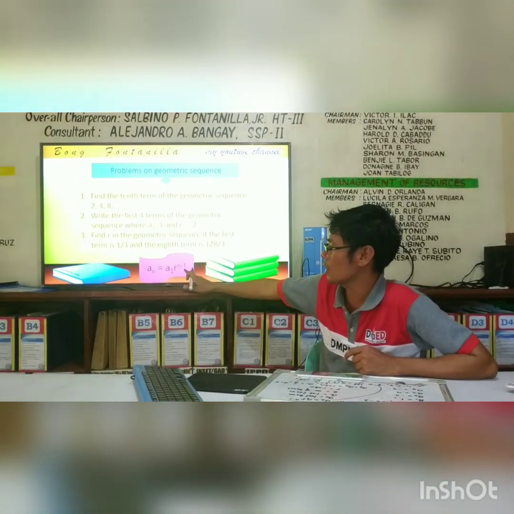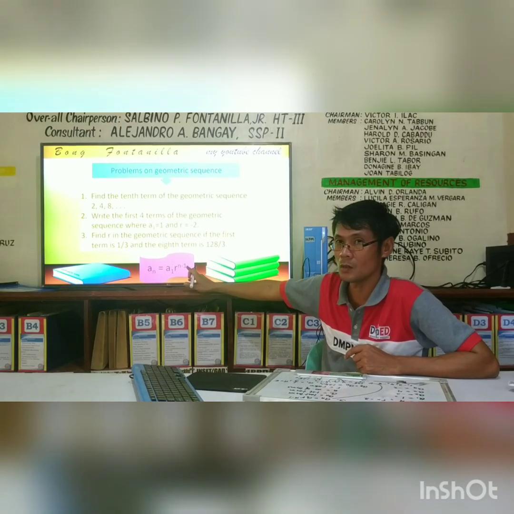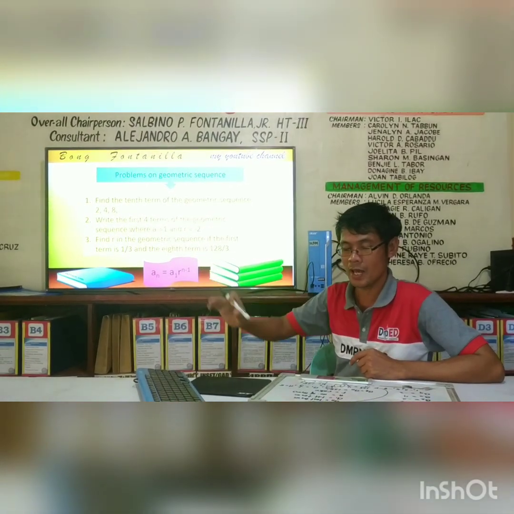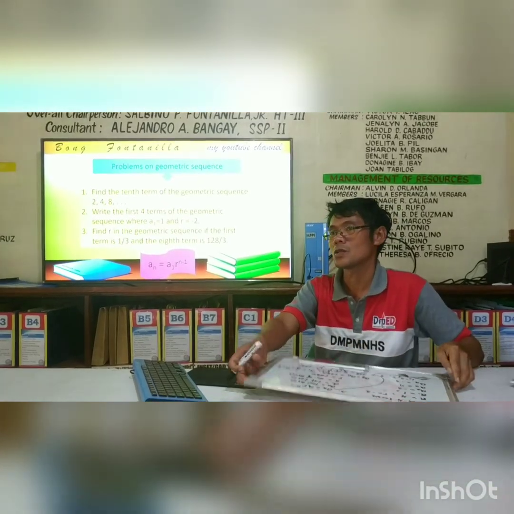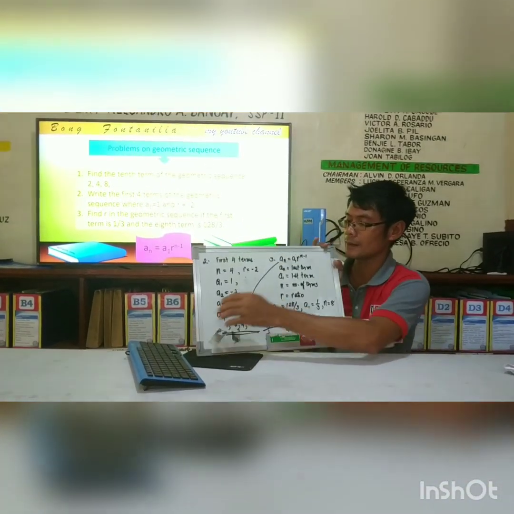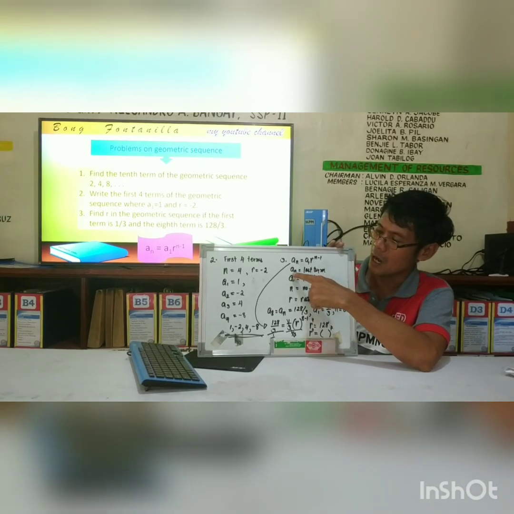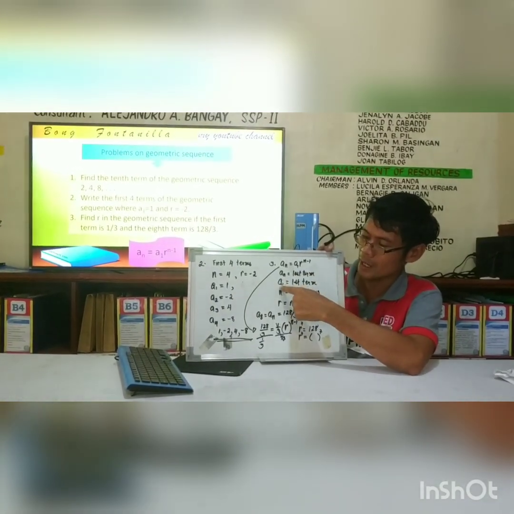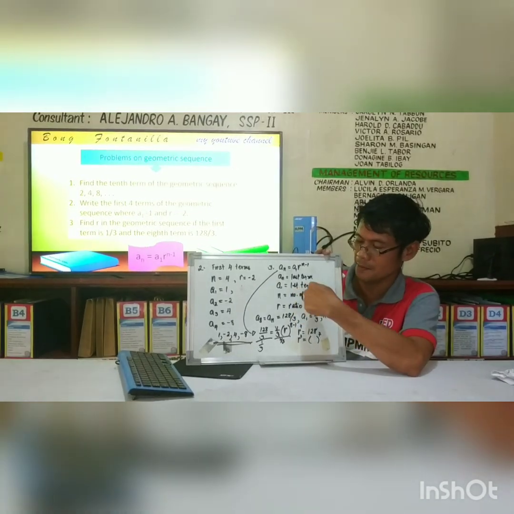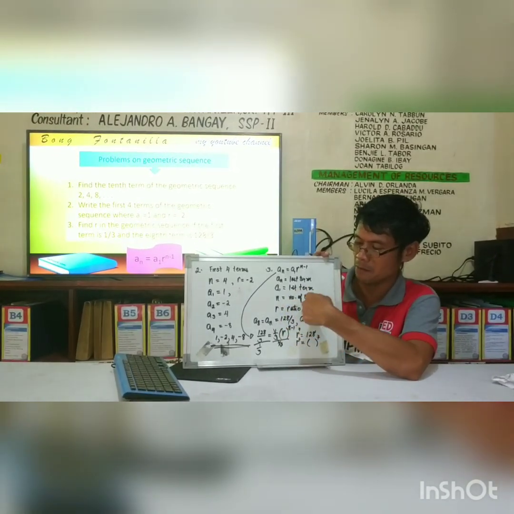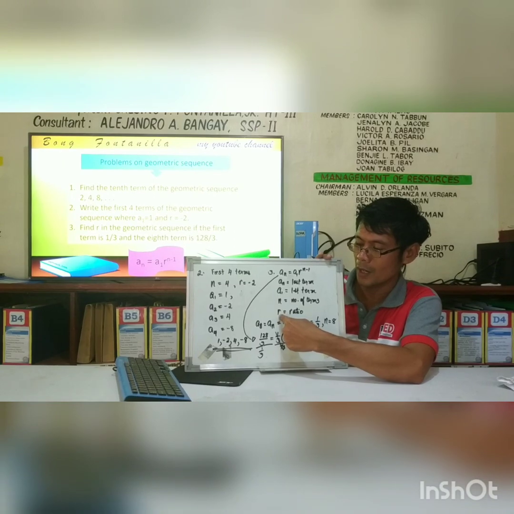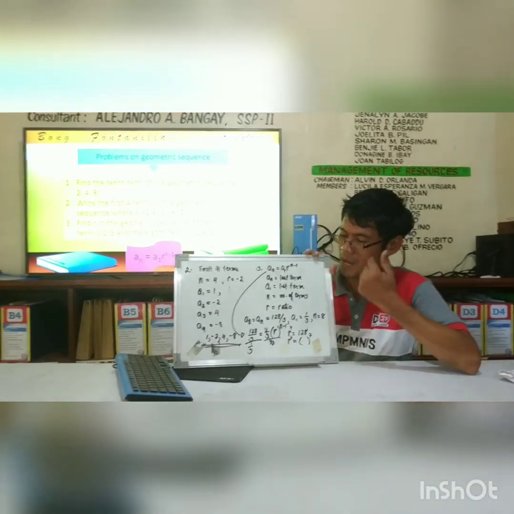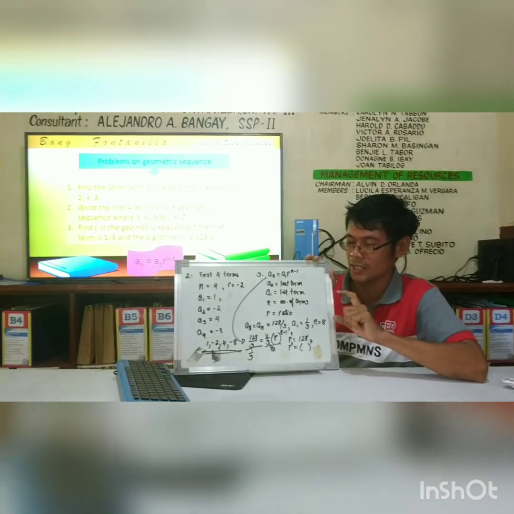The formula is a sub n is equal to a sub 1 times r raised to n minus 1. As I told you a while back, from the formula, our a sub n is usually the last term, our a sub 1 is the first term, our n is the number of terms, and our r is simply the common ratio.